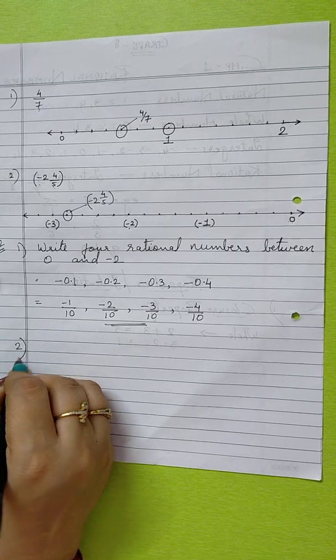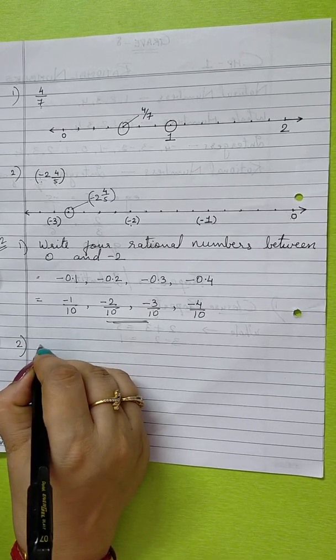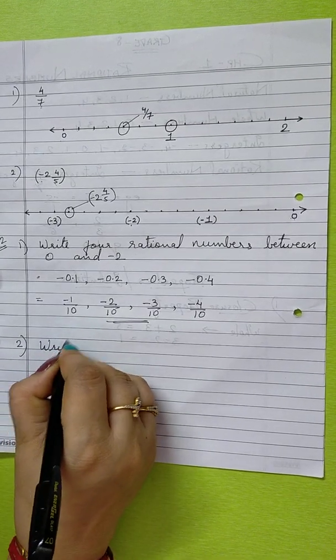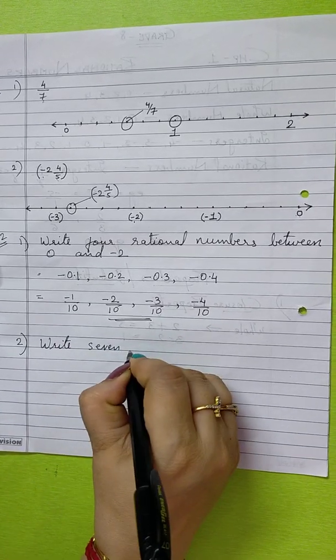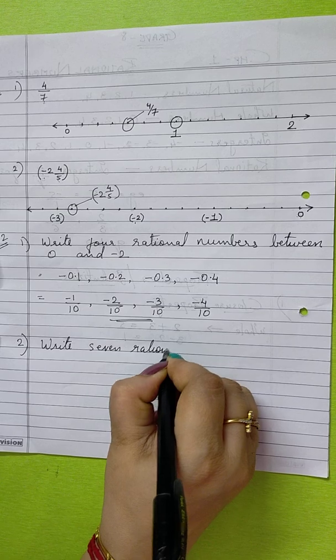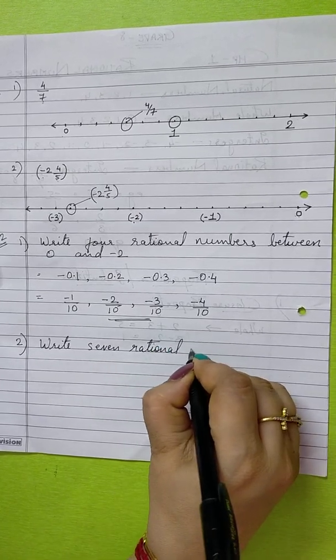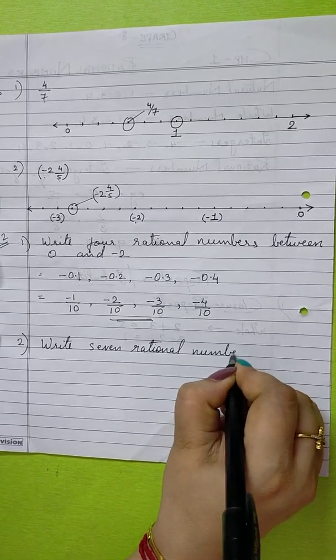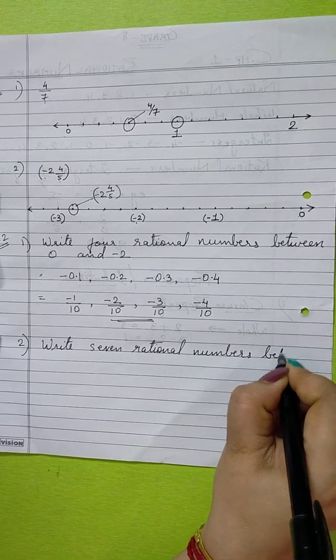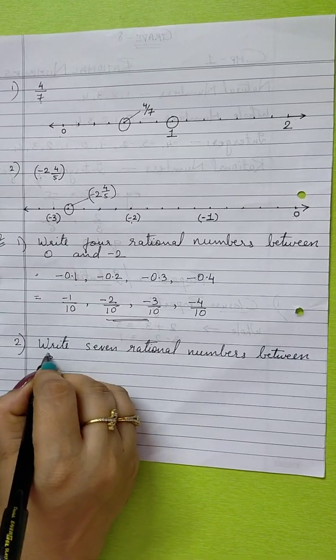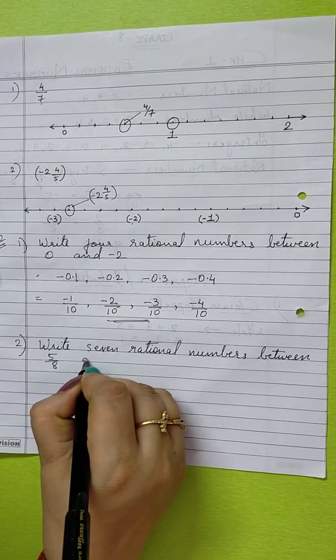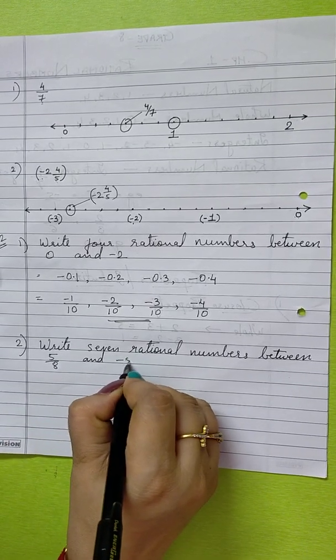Now our next example. Here we are going to find 7 rational numbers between 5 upon 8 and minus 5 by 6.